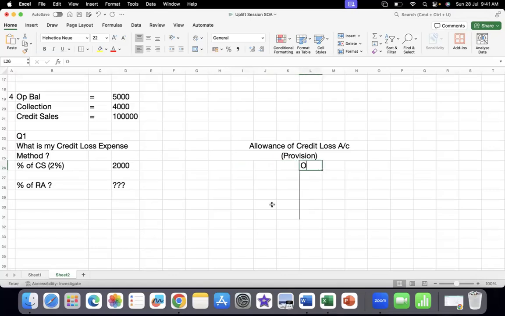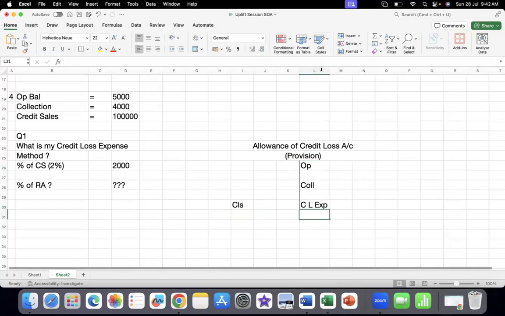Then you put your opening balance. Don't put the figures, just put the criteria. Put opening balance on the right hand side. Go with collection, and this will be your credit loss expense.